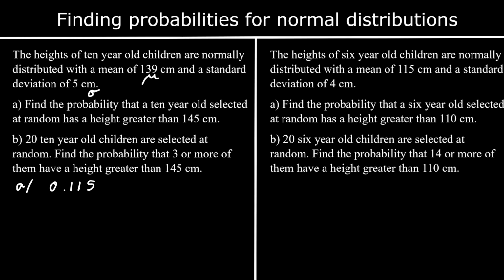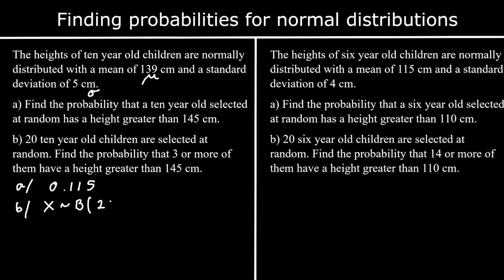Part B, we've got 20 10-year-old children being selected at random. Find the probability that 3 or more have a height greater than 145. So this is a binomial distribution question because every child can either have a height greater than 145 or not. So X is distributed binomially.